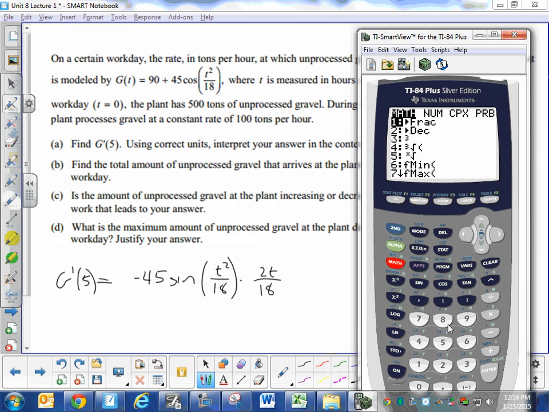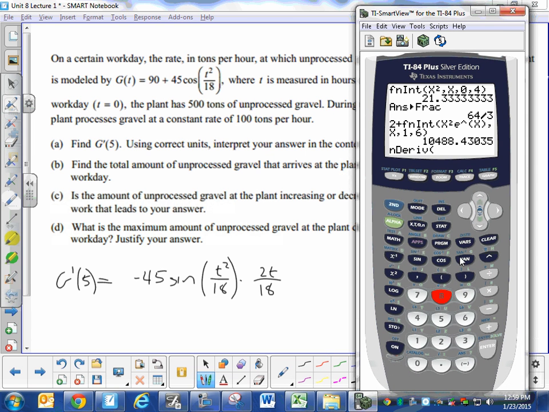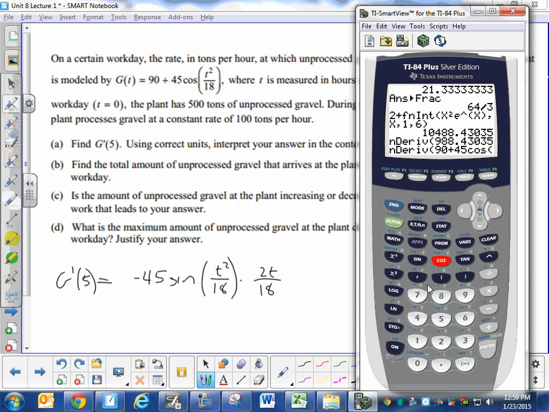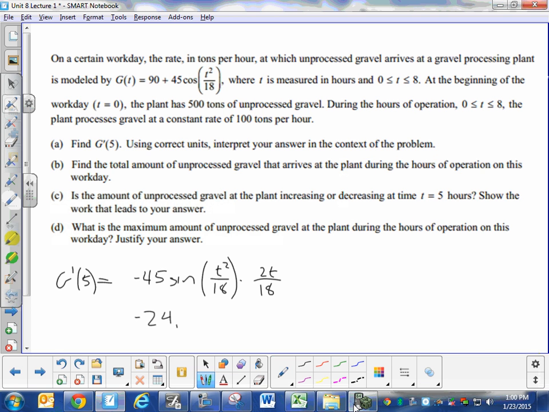Let's go Math 8, and take the derivative of your function when t equals 5. 2t over 18, that's the derivative of the inside. Yes, it is. With respect to x at 5. Negative 24.587. Somebody confirm that that's correct.